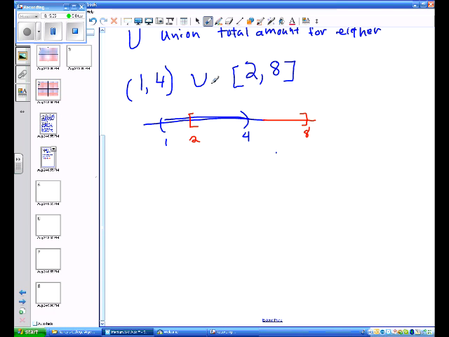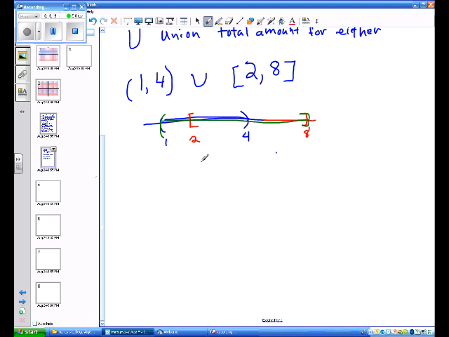Okay, what we're wanting is the union of these. So we're wanting everything that's in the interval 1, 4 combined with everything that's in the interval 2, 8. And so what we end up with is everything from 1 all the way up to 8, and it will include 8.